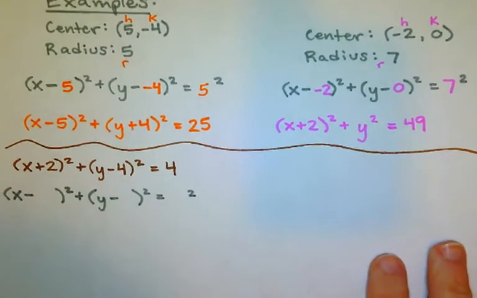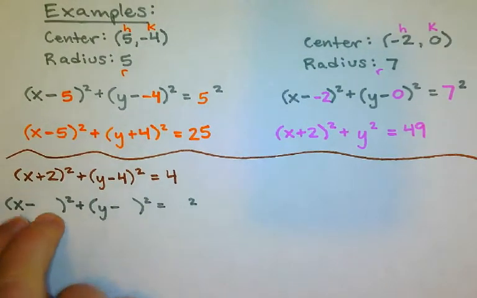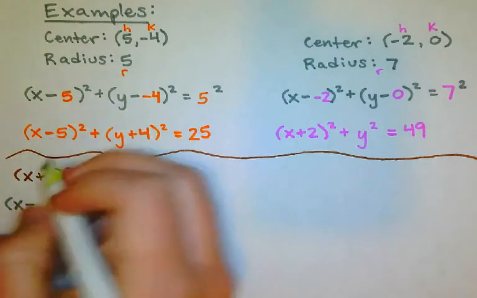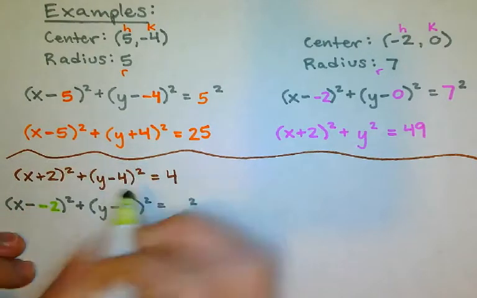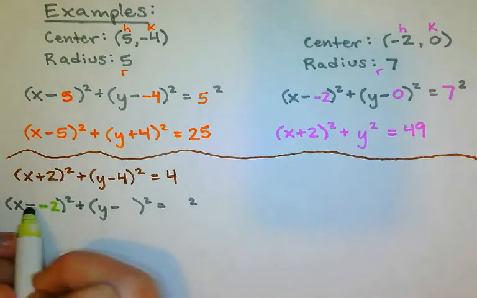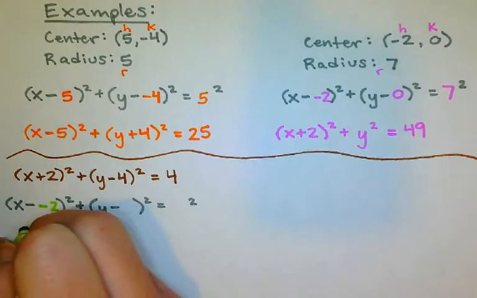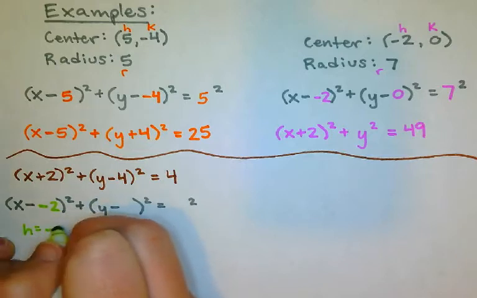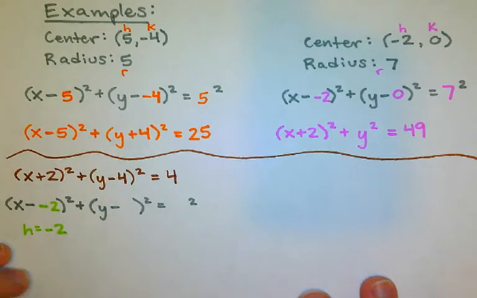So I want to know, what number would I need to put here to make that a positive 2? Alright, and that would be a negative, right? So my h here is going to be a -2, because two negatives make a positive. My h is going to be -2.